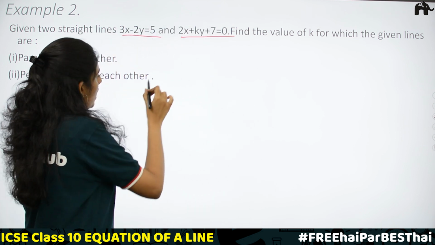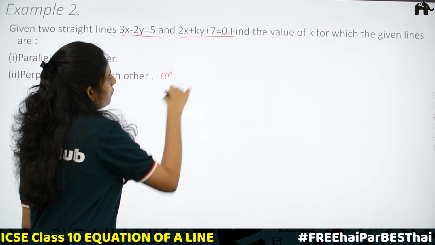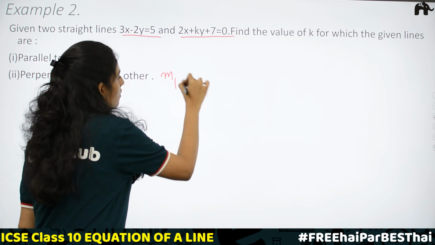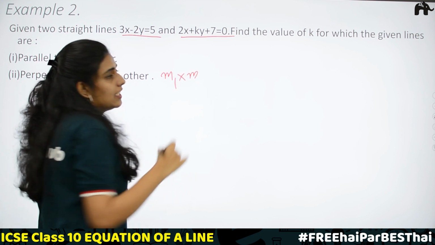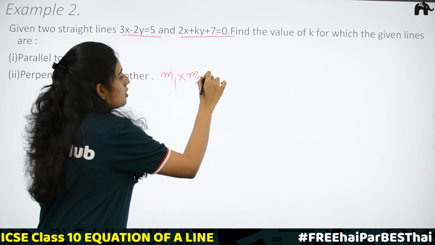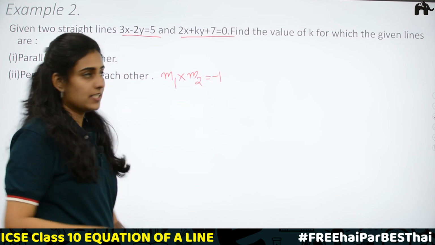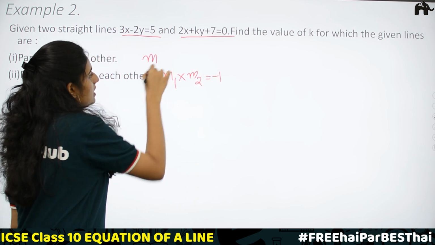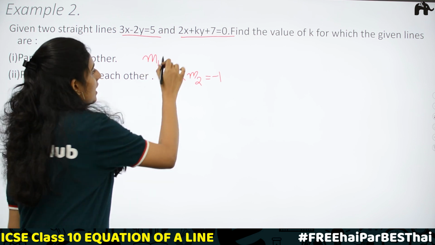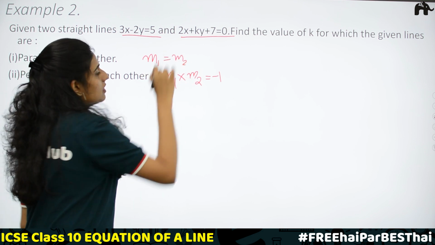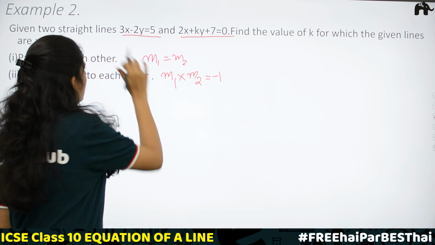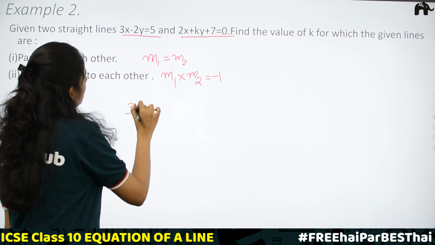And for perpendicular lines, if the slope of the first line is m1 and that of the second line is m2, then the product of the slopes will be equal to minus 1. For parallel lines, if m1 is the slope of the first line, it will be equal to m2, the slope of the second line.